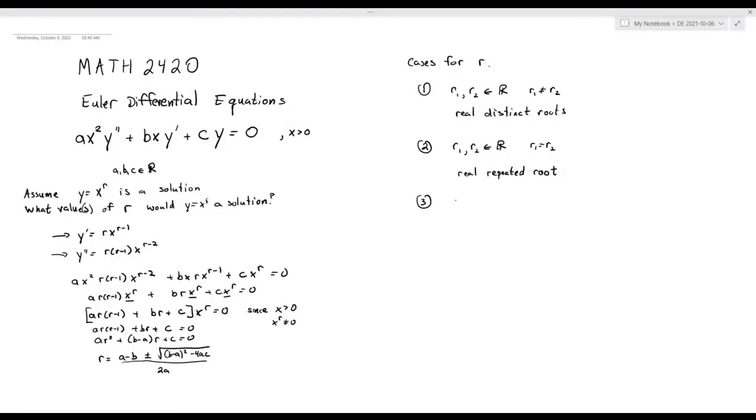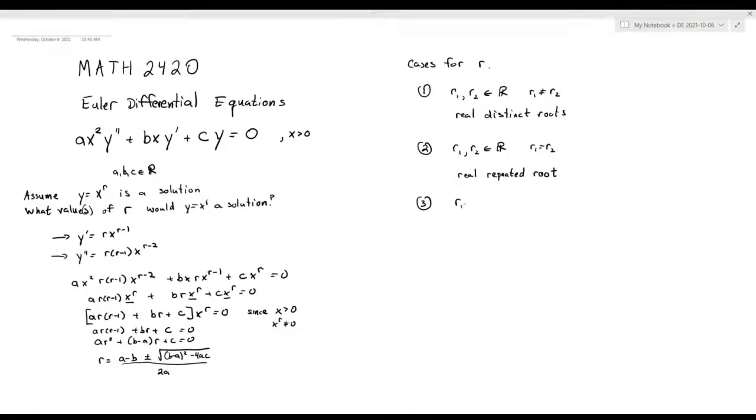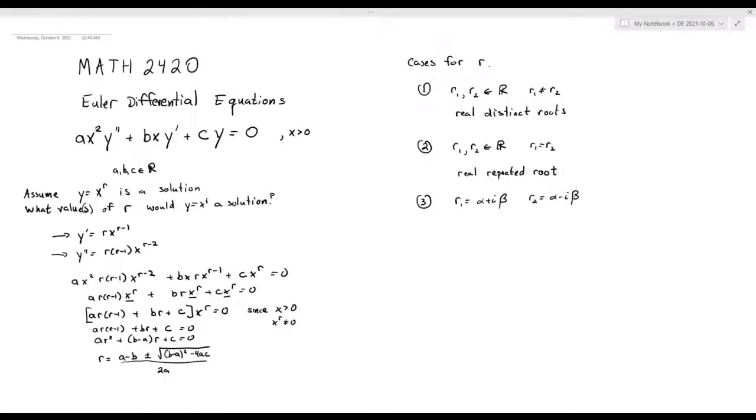And finally, it's possible that your roots are complex conjugates. Right? So if your roots for your quadratic are complex, they're going to come in a conjugate pair. Okay.